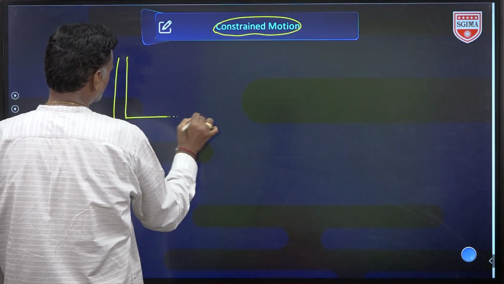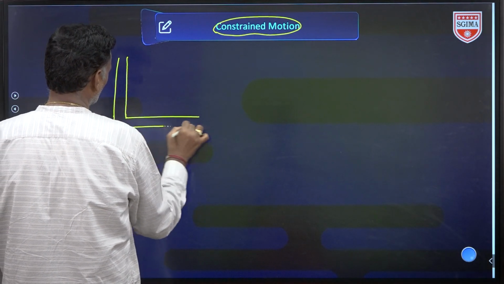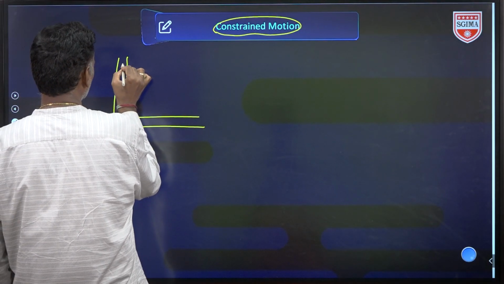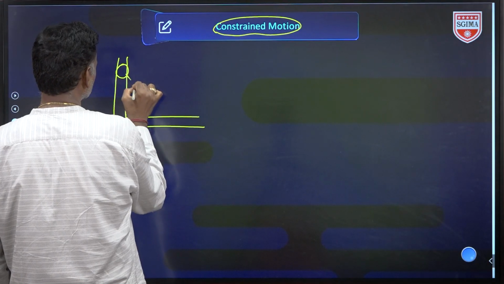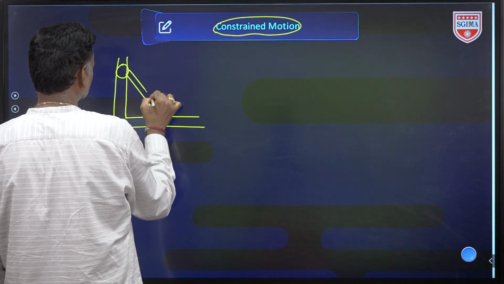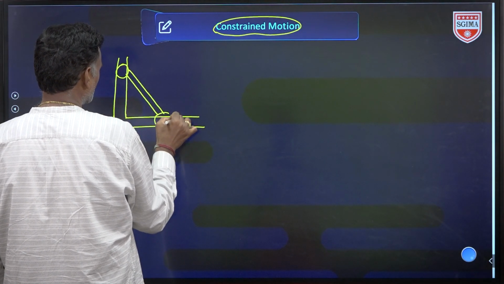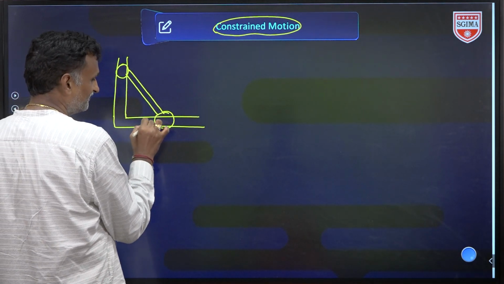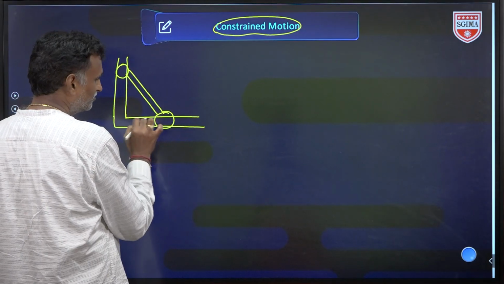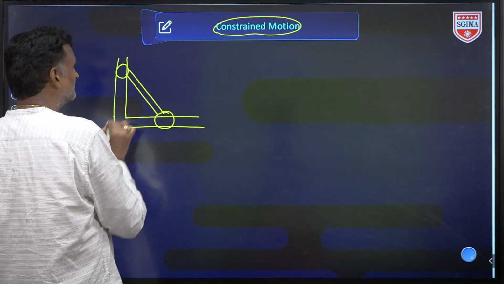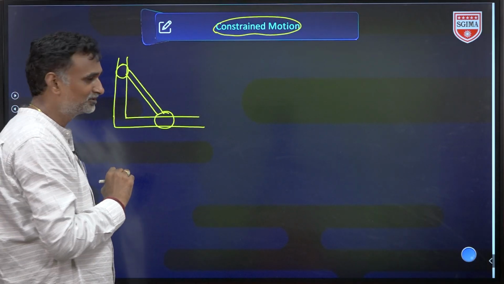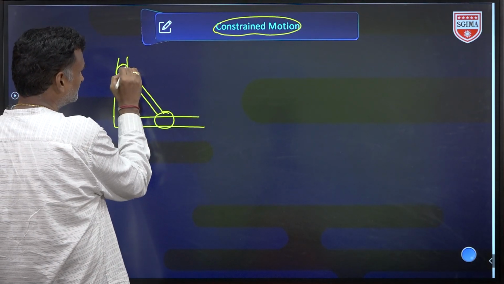Next, there is one horizontal track, and a rod is connected here with the help of rollers. These rollers will be fixed in the track and they can move along this path itself, and this one moves along this path itself, and it won't move away from this path.